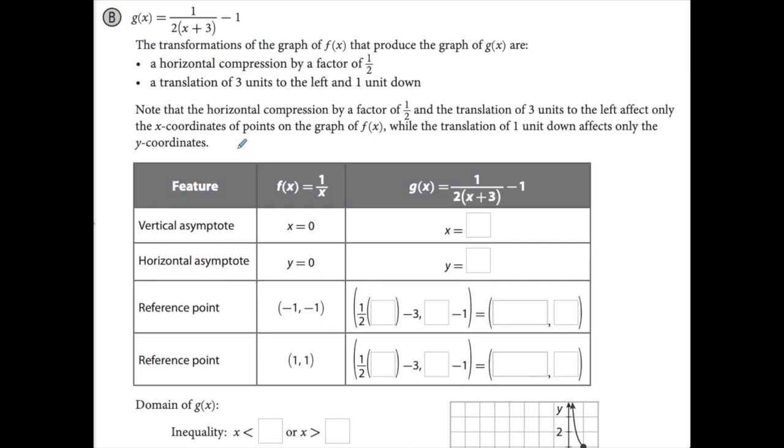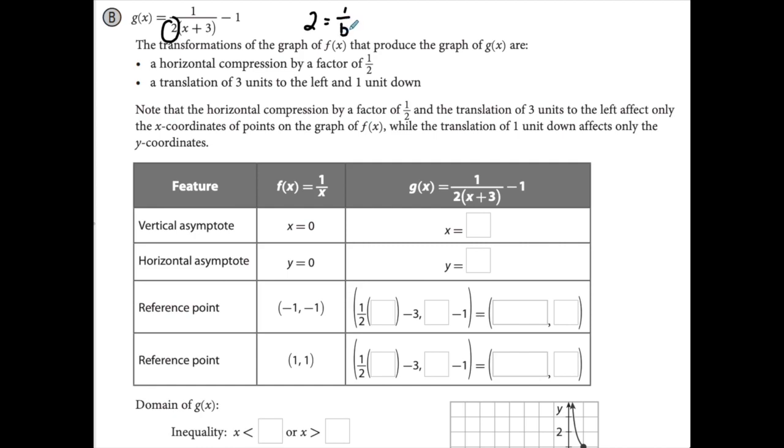All right, so here's a graph, and this transforms the graph of f of x in these ways. You've got a horizontal compression by a factor of 1 over 2. And that's because, remember, if you're like, wait, 1 over 2, remember that 2 is equal to 1 over b.